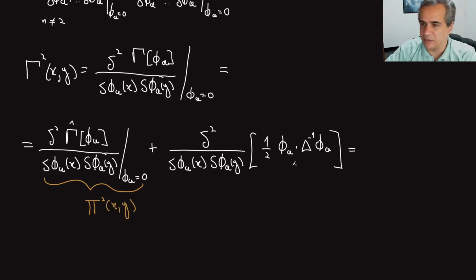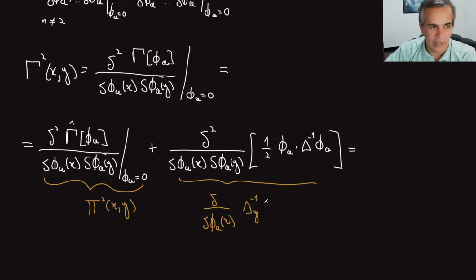And the second part, we know. The first derivative acting here, we actually did this derivative backwards before. We know that this is the same as del phi classical of x, and the first derivative acting there gives me delta minus 1 of y, phi classical of y.